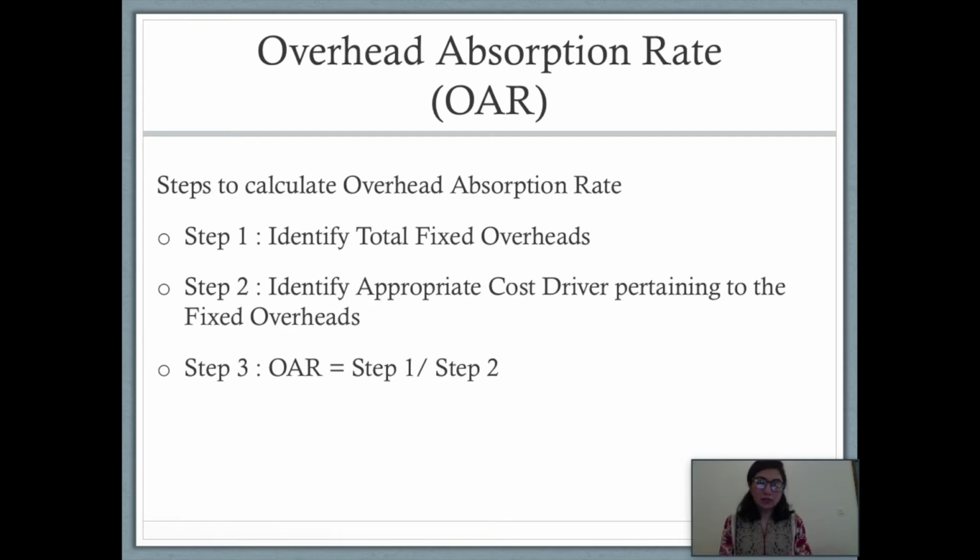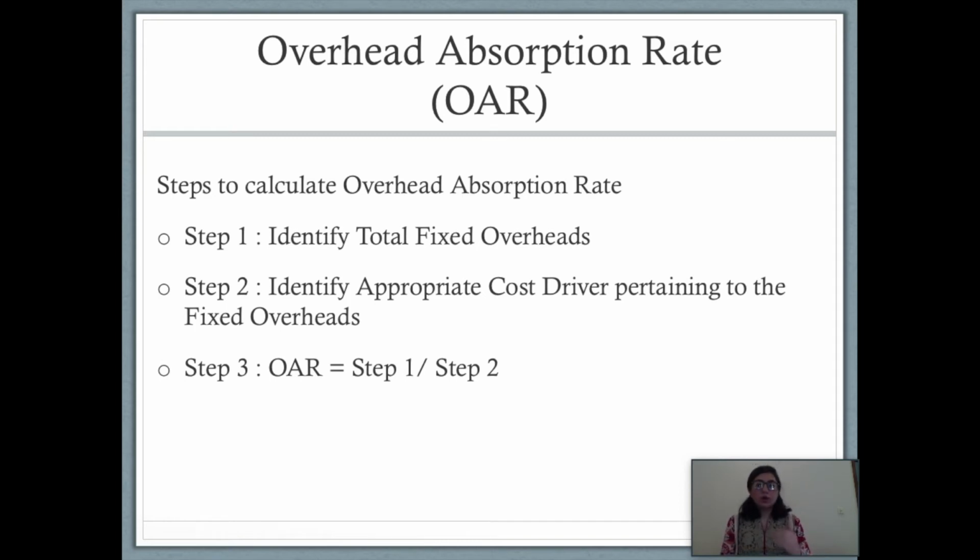And then the third step is to divide the total fixed overheads by the cost driver, which gives you the OAR, which gives you the overhead per cost driver. Overhead per unit if it is a volume based cost driver, overhead per subjective judgment if it is a non-volume based cost driver.